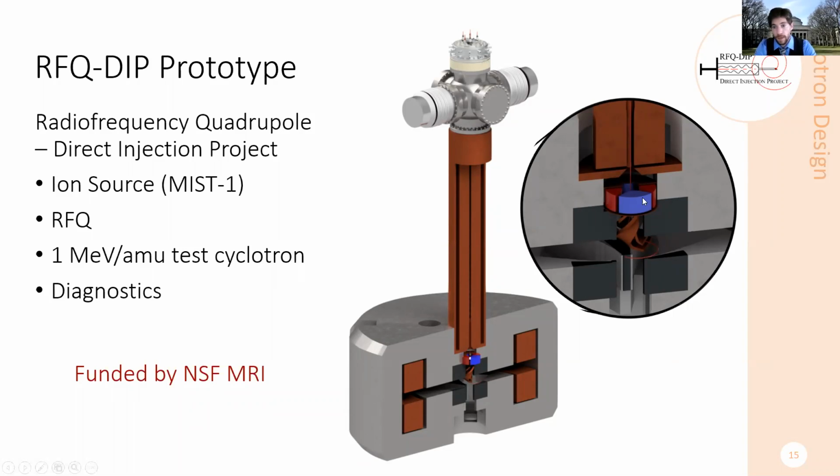So we will have a quadrupole singlet or a quadrupole doublet right after the RFQ to refocus the beam into the spiral inflector. We also need to make sure that the RFQ is as close as possible to the spiral inflector. So there's a trade-off between transverse focusing and longitudinal beam growth, because the longer the beam goes without experiencing any RF acceleration, the more it will drift apart longitudinally again.